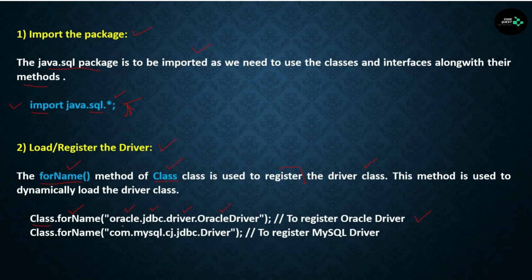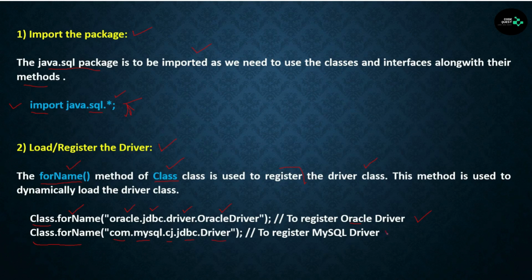So these are the 4 different components separated by a dot that we mention each time I deal with an Oracle driver. Similarly, if I'm dealing with a MySQL driver, we will use the same forName method. Now the parameters are going to change: it is com.mysql.cj, then we write jdbc, and at the end we write Driver.